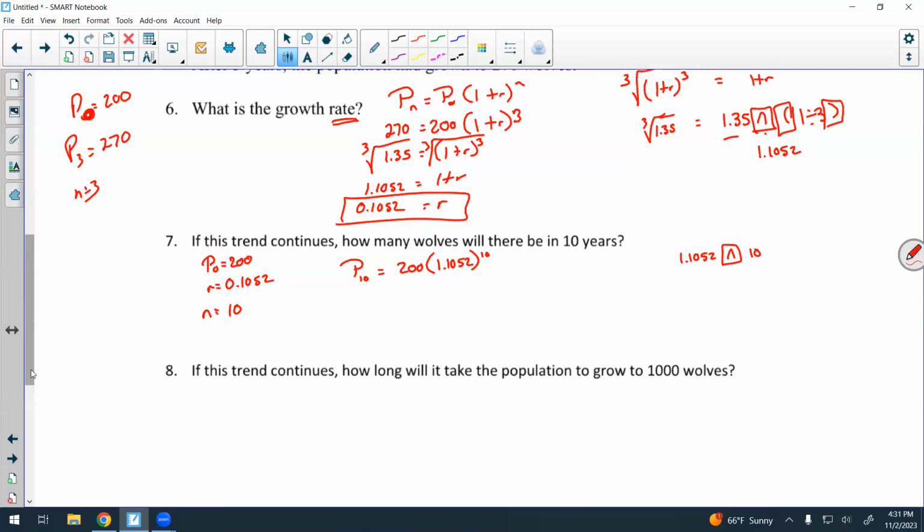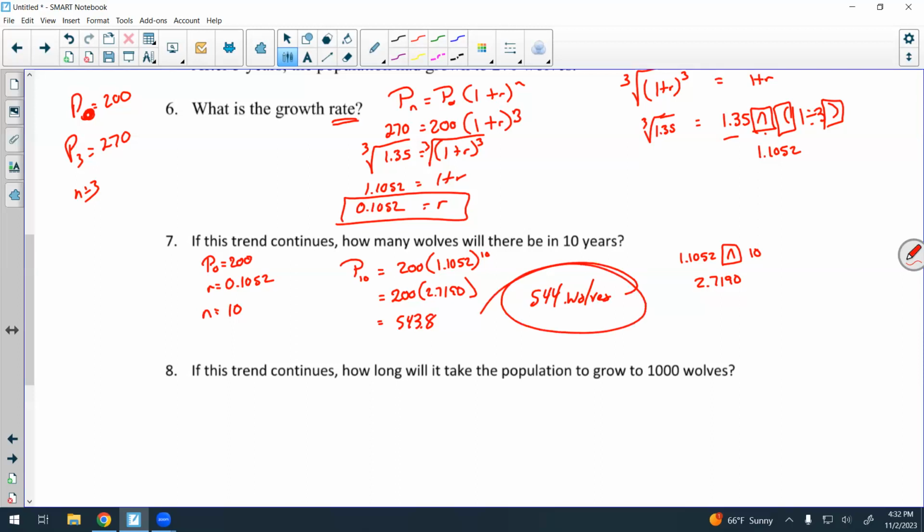And that's how you get that. 1.1052 to the 10th power gives us 2.7190. 200 times 2.7190 gives us 543.8, which we round up to 544 wolves. Any questions on that one?